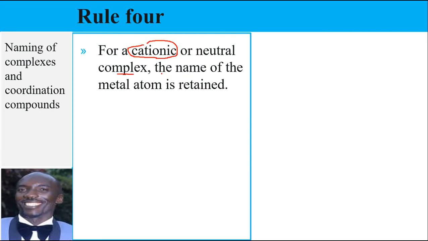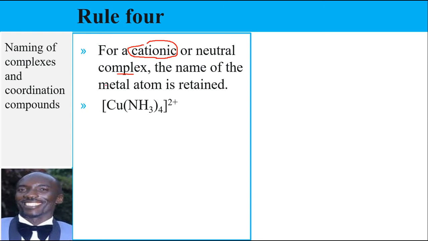That is, if you find that the overall charge on that complex is either positive or 0, the name of the metal atom is retained. When I talk of the metal atom, I mean the transition metals which are involved. Remember, we are looking at transition metals, so the metal atom can be one of the transition metals.